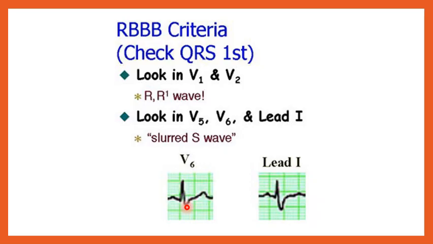And since the positive pole of lead 1 is over on that lateral side, on the left arm, it also looks at the left lateral side of the heart. So you can see that slurred S even over in lead 1.